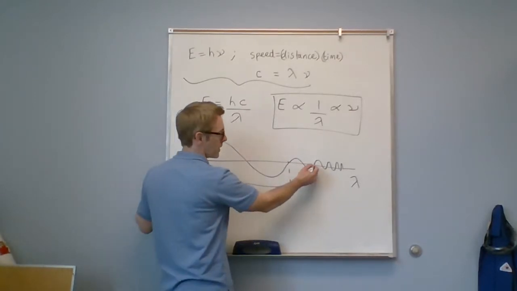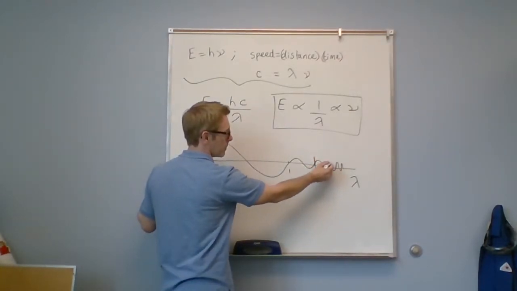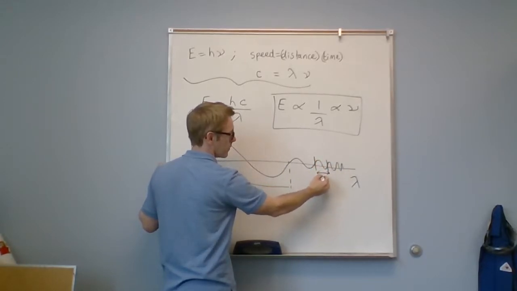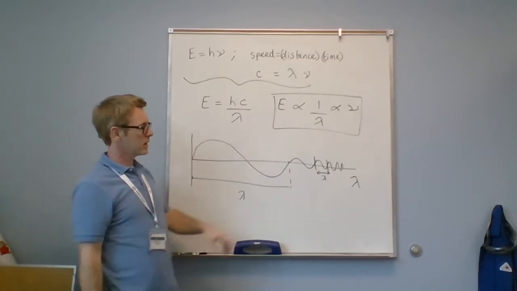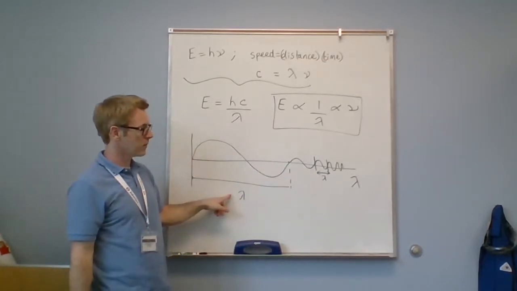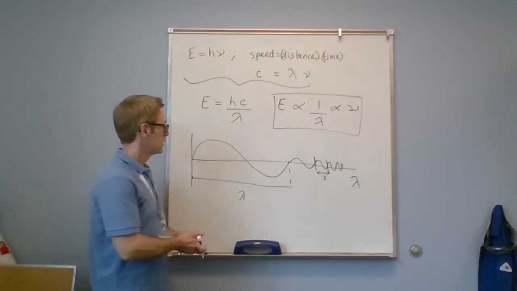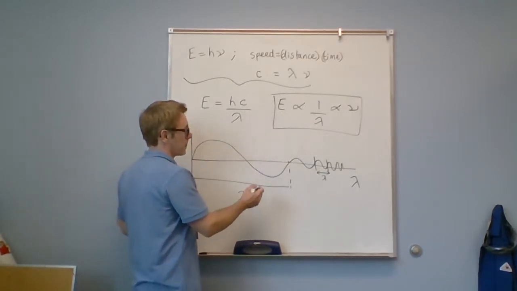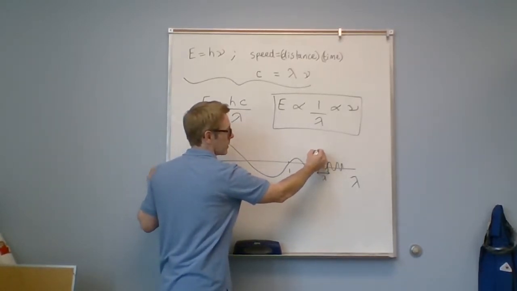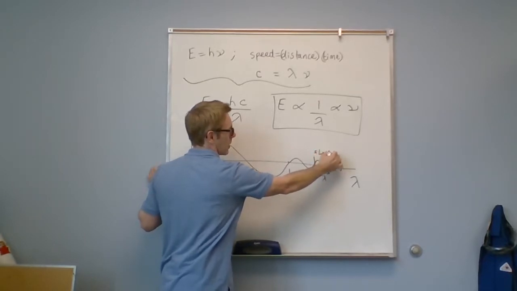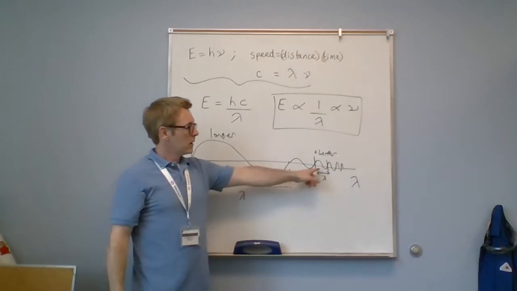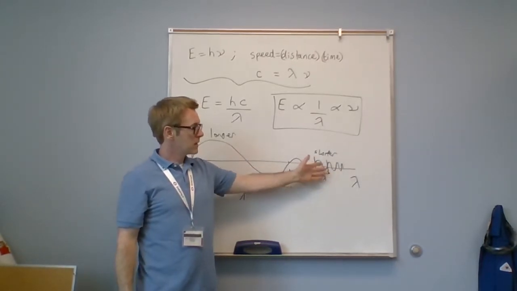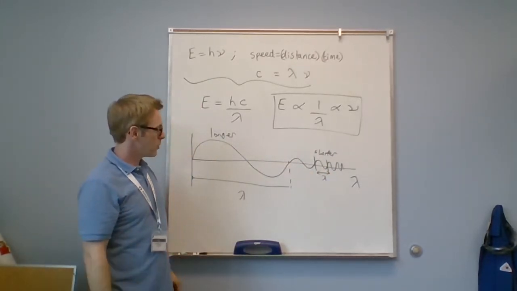If we look at this wave over here, the wavelength here is smaller than the wavelength here. So the length of the wavelength is smaller here.